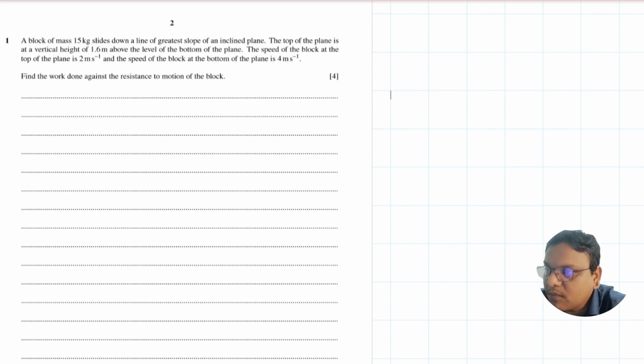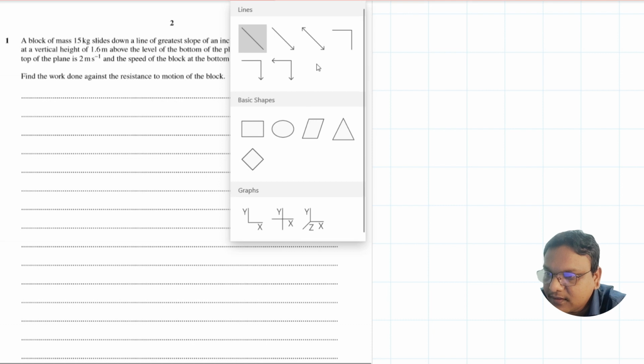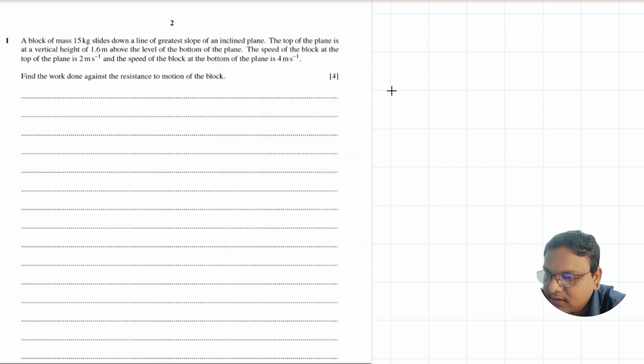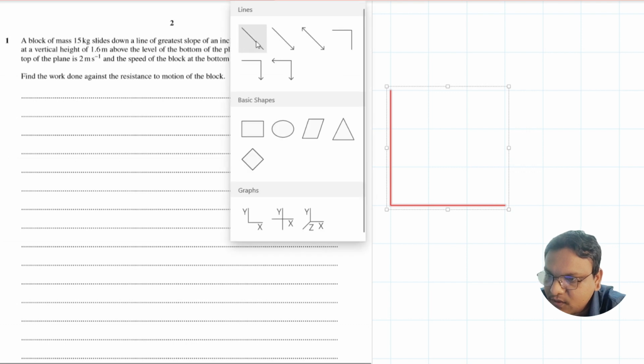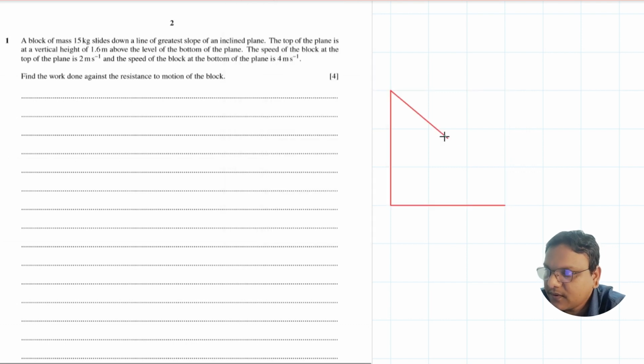Before solving a question, always try to draw a diagram or figure. It will be easier to understand. So if I take one line here, it will look like this. As per the question, we have a block here like this, and this block is moving down.